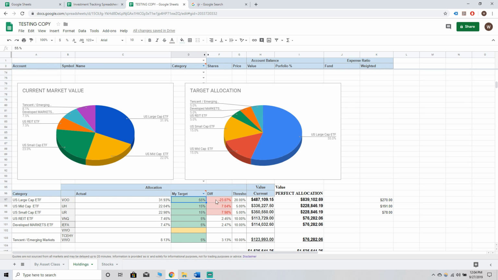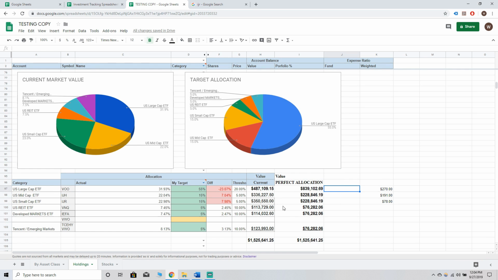In this instance, where it's quite below the target, you can make it perfectly in line with your target allocation, or you can make it more, maybe like 10%, 15% more. But for our example, we're going to keep it simple and just make the current market value perfectly match the target allocation. So how are we going to go about doing this now?